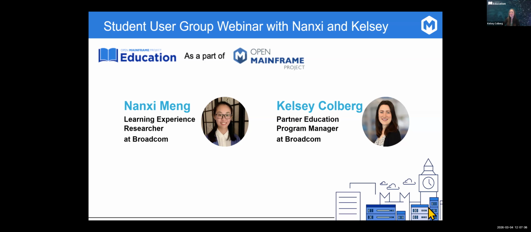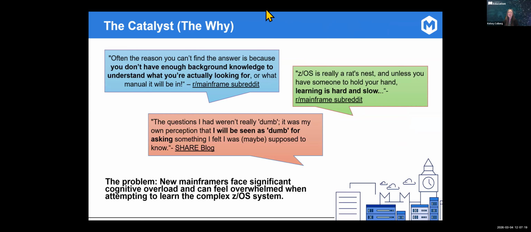As Sean mentioned, we're going to be talking about using some of the readily available, really cool AI that is out there to help new mainframers learn and get access to education a bit easier. Before jumping into what we actually did, I want to take a step back and talk about why we did any of this.